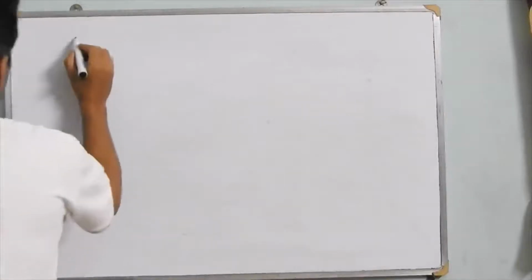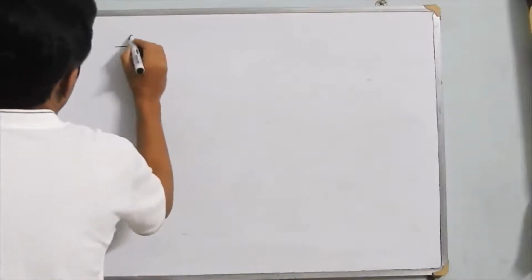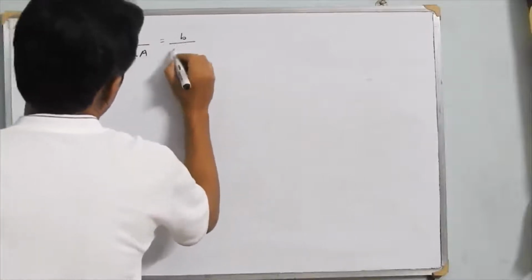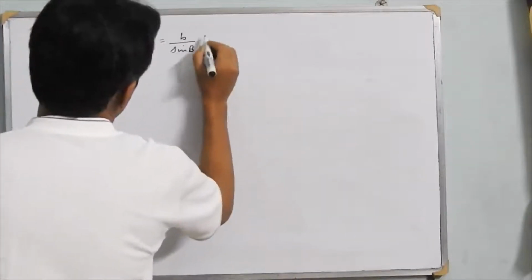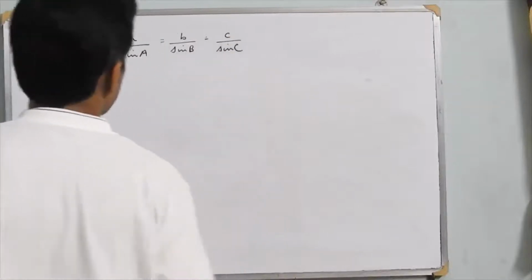Let us start with a problem. Suppose in a triangle it is required to prove a by sine A is equal to b by sine B is equal to c by sine C.